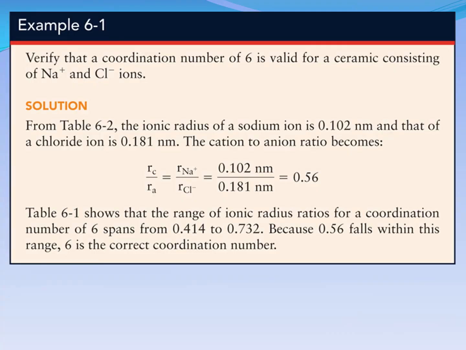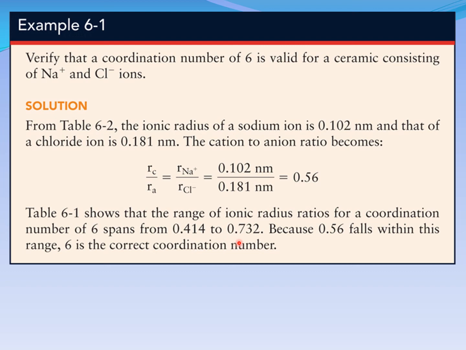If you do a very quick calculation, verify that the coordination number of 6 is valid for a ceramic consisting of sodium and chloride. So from the table, just find the ionic radius of sodium and chlorine. So this is 0.102, this is 0.181, so the ratio is 0.56, right? So for 6, your table says it is between 0.414 to 0.732.